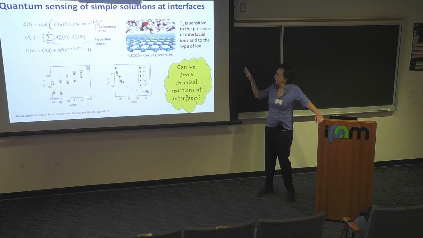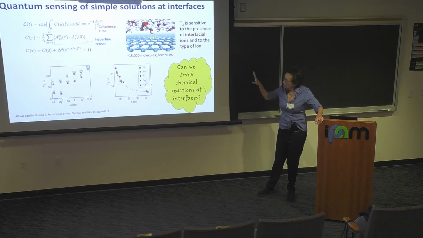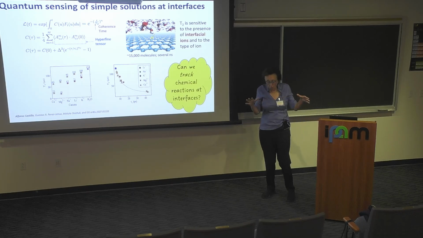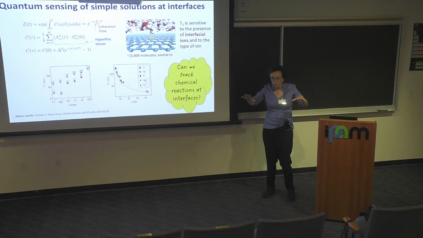By the way, this is super approximate. We could not do diamond because the diamond surface needs to be terminated, and we cannot do a system that big. So we took a layer of graphene, for which you can classically compute the hyperfine, which is not very different from diamond, and we modeled that.